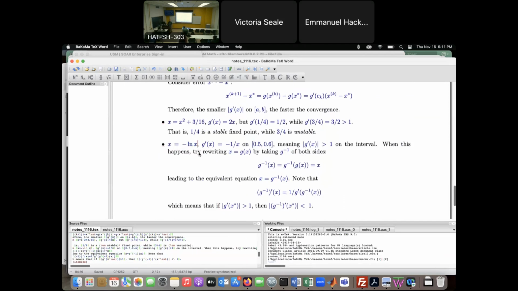Okay. So what if a function is not 1-to-1? Well, this is where the inverse function theorem comes into play: if your derivative is non-zero at the solution, well, wait a minute, that's the derivative of f.